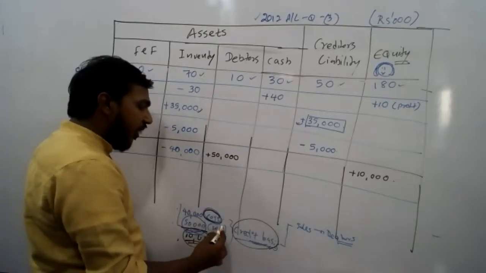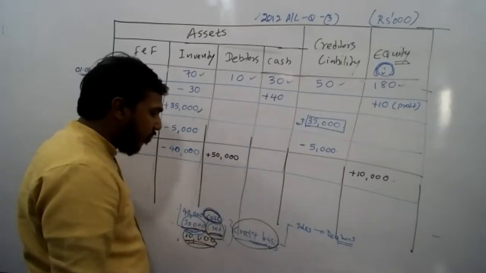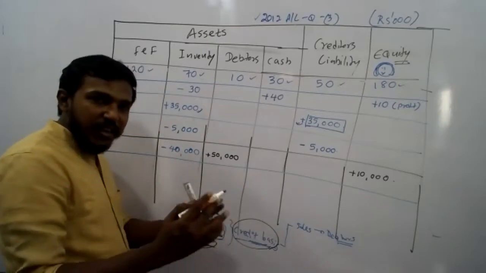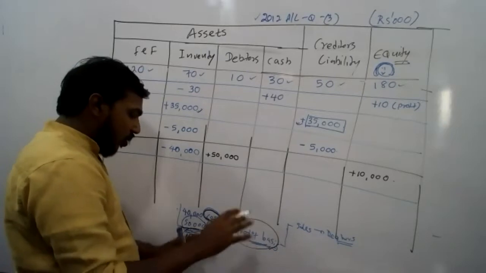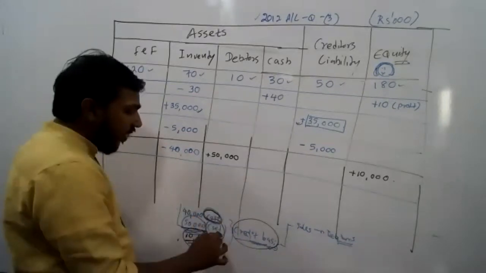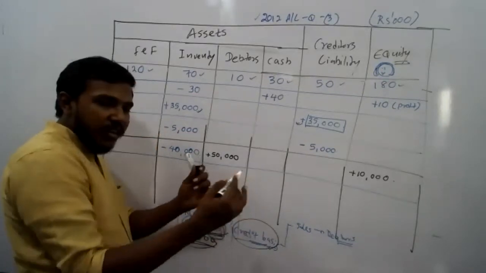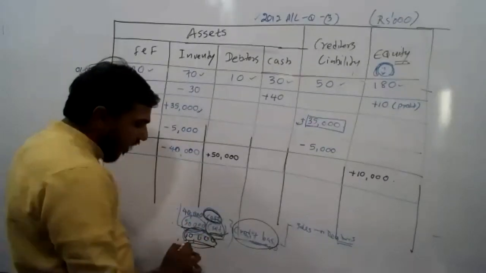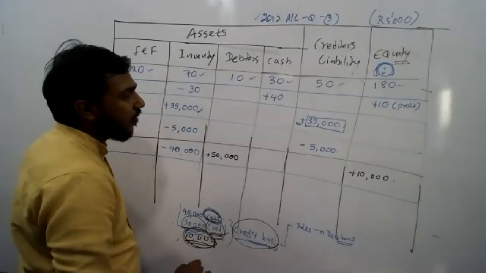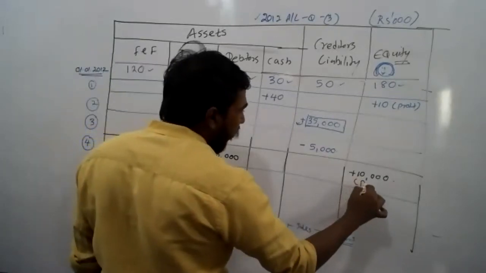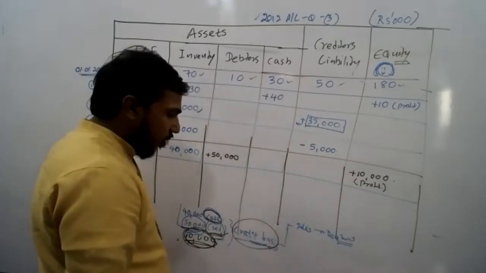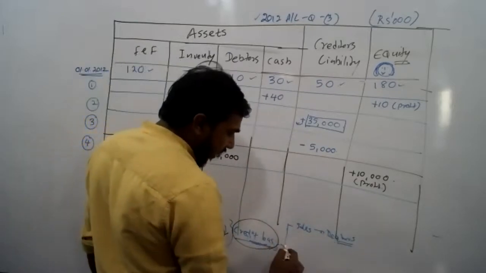If it is sold, obviously it is sales. So there is a 10,000 profit, and the profit would be added to equity. Clear? So keep it in mind, credit basis sales.